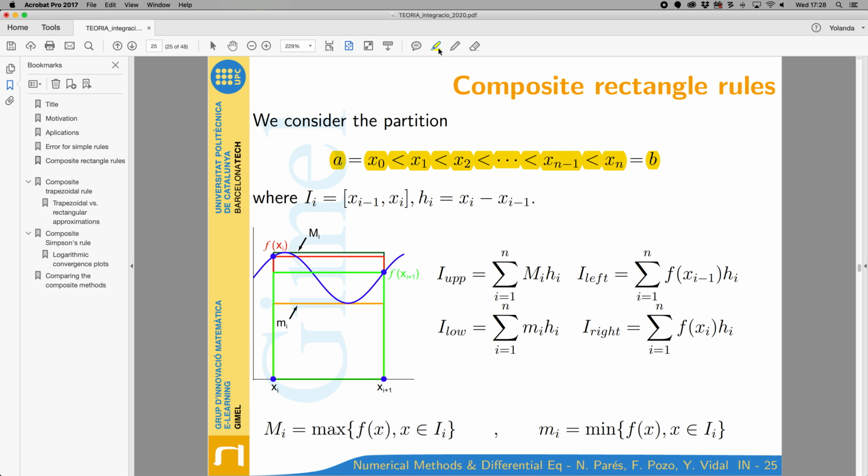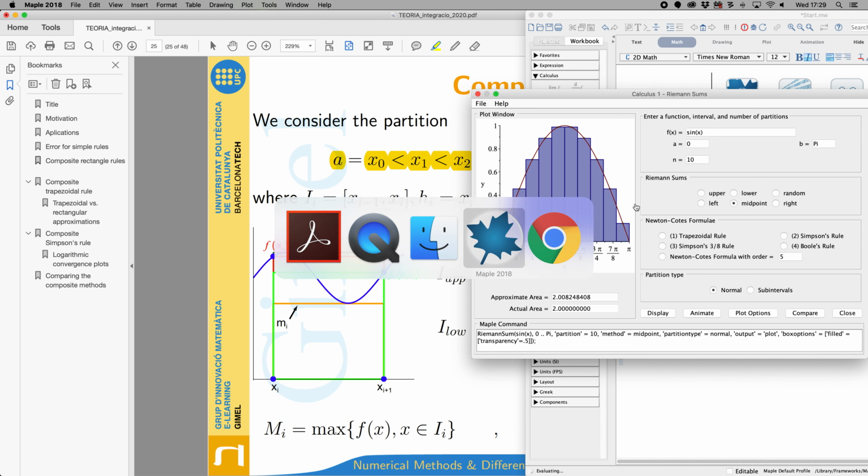Okay, so somehow a way to plot this is that between my initial point A and my final point B, we will define here some more points, so we will have more subintervals, and we will apply the simple rectangle rule in each one of these subintervals. Now, I think this is a very simple idea that can be illustrated using Maple.